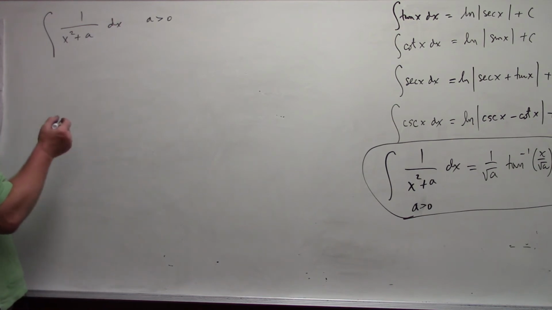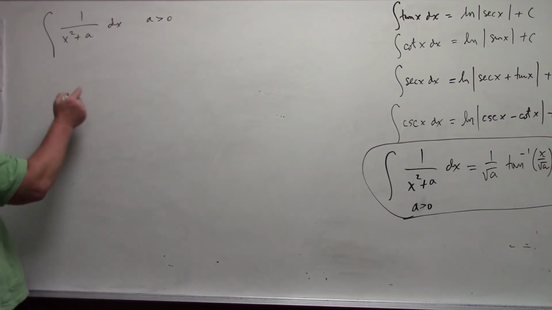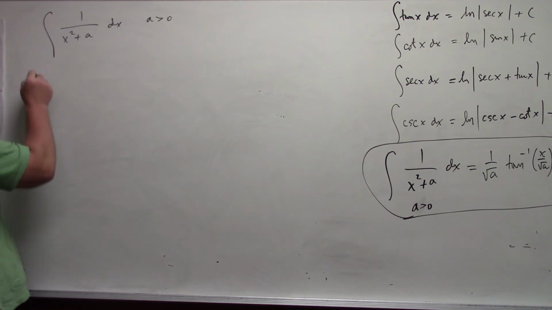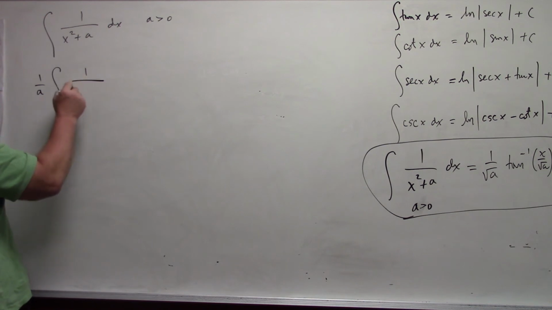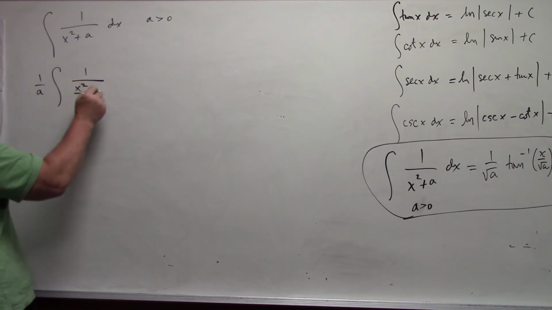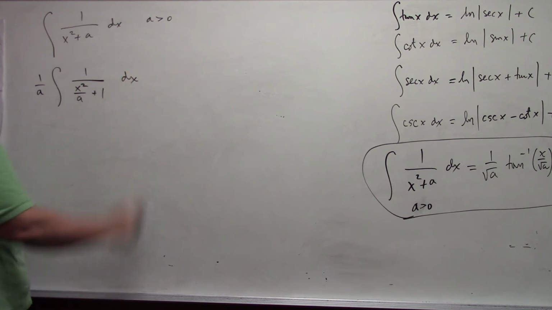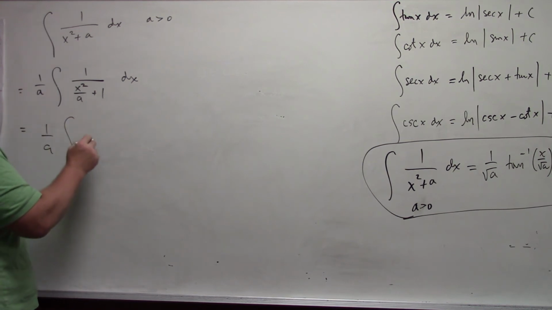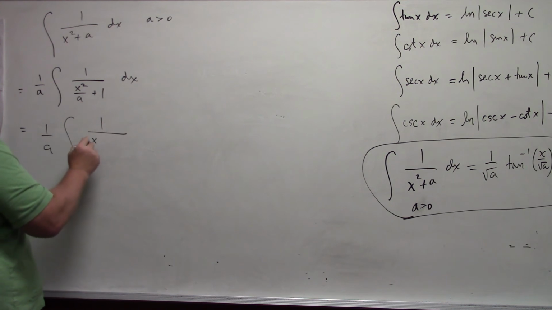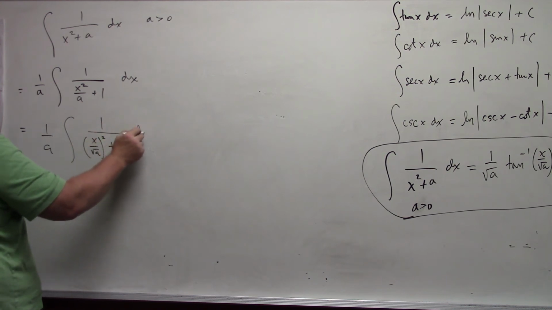And so what I'm going to do is factor out an a from the denominator, and that gives me x squared over a plus 1 in the denominator. Or I can write this as 1 over a, 1 over x over the square root of a, quantity squared, plus 1.